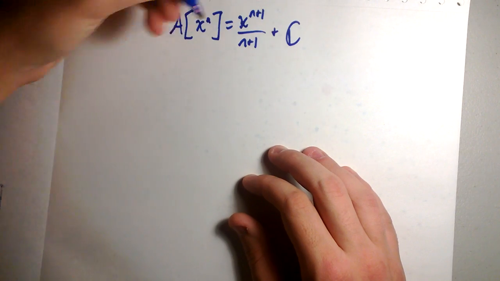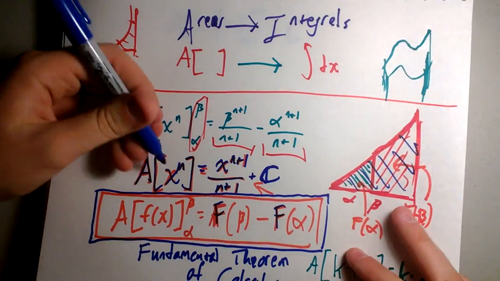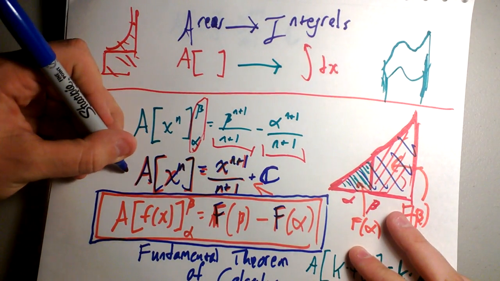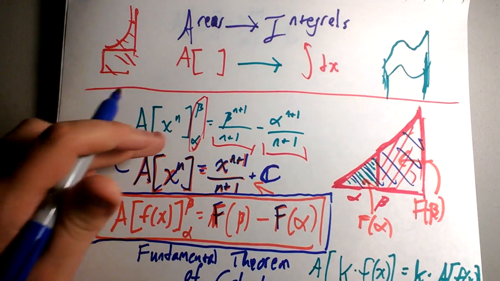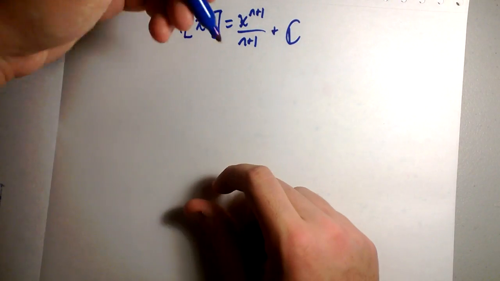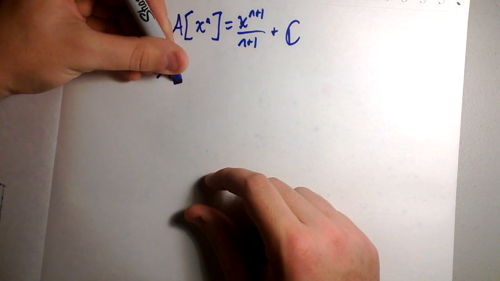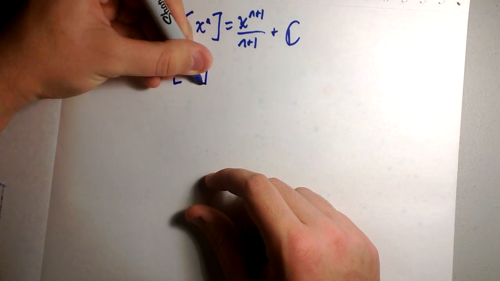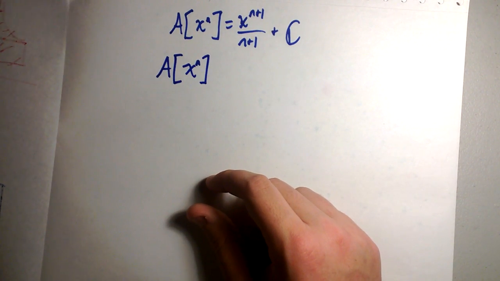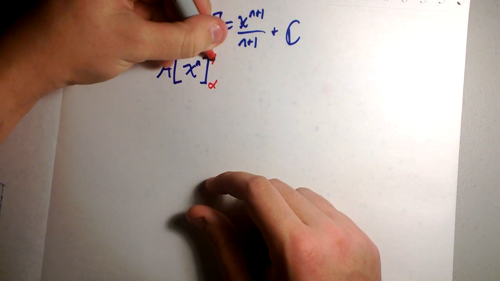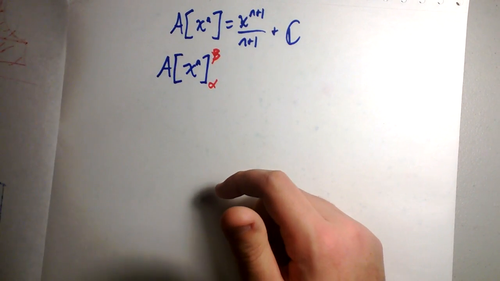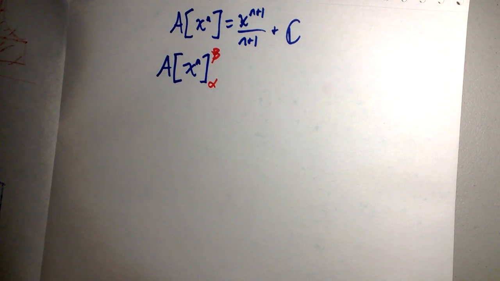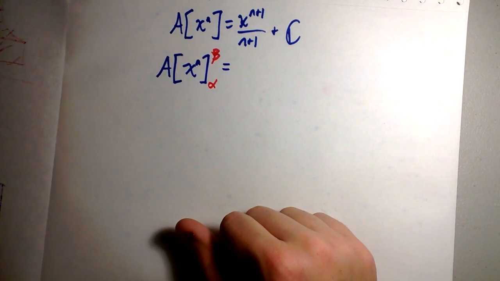So let's try to work this backwards. Instead of going here to here, let's go here to here. If you work it backwards and plug in a beta and alpha into this, x to the n, this is just busy work by this point, so you have alpha to beta. That's the area you're finding. Let's plug in.